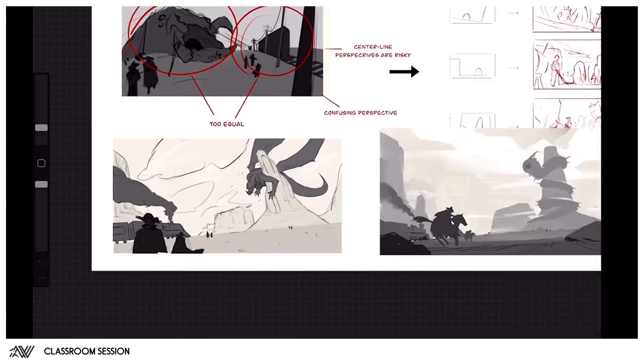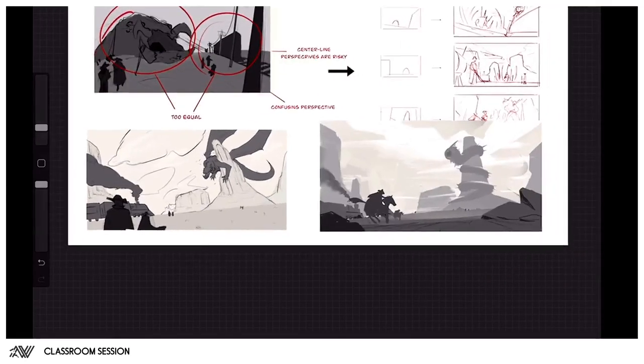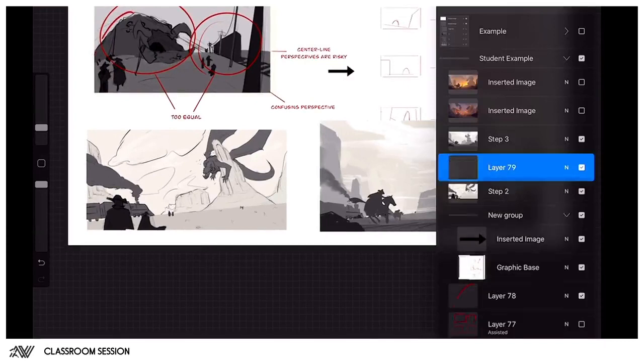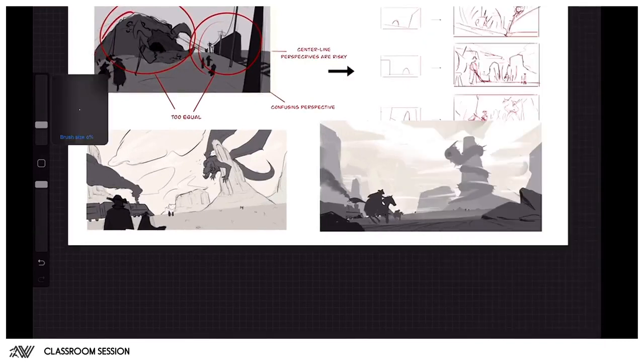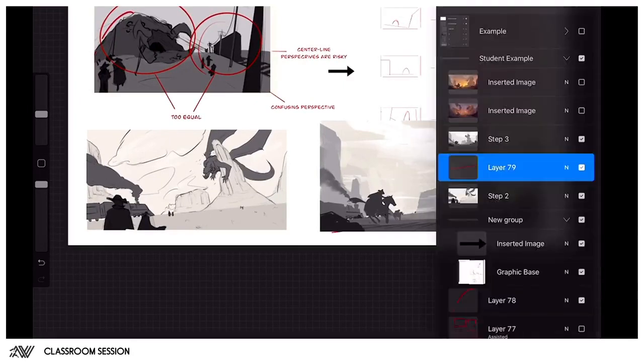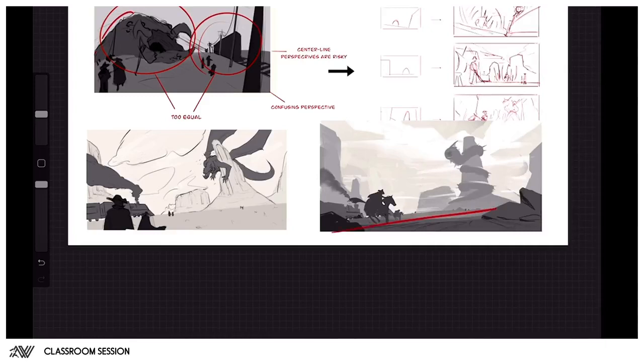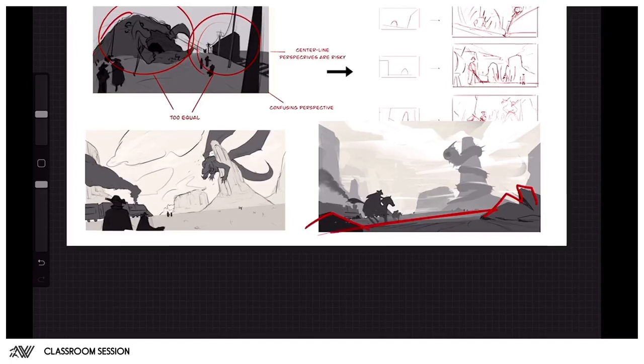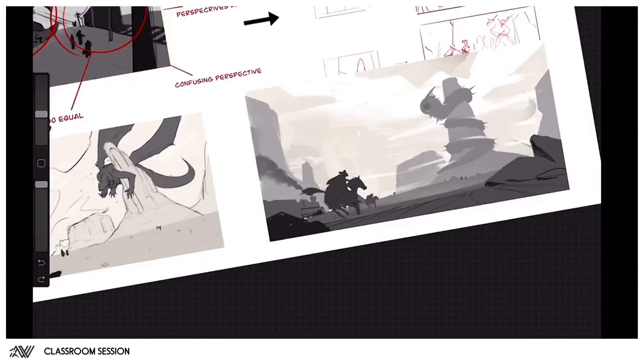That looks like this. Okay, so why does this work a bit better, in my opinion? One, we have that foreground, kind of breaking up the depth of our image. We have multiple layers of ground levels.